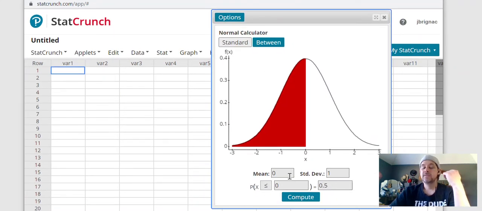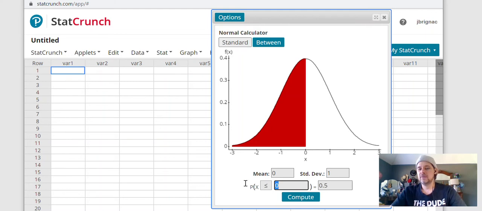Now, the standard normal, what did I say? It has a mean of 0 and a standard deviation of 1. So the default when you bring this up is the standard normal. And that number was what? It says calculate the area under the curve to the left of negative 1.84.